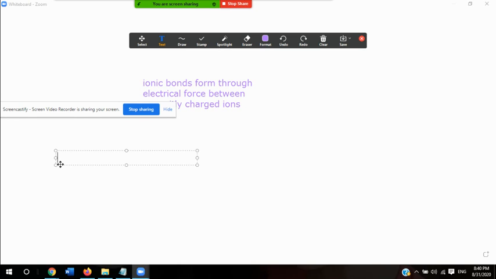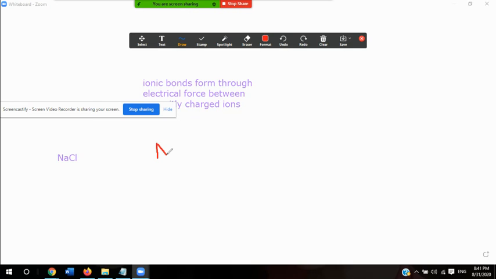Well, there you go. An example of this is, of course, sodium chloride. Sodium chloride is an example of this because sodium has a positive charge and chloride has a negative charge, and the electrical force that they generate helps them form that ionic bond.